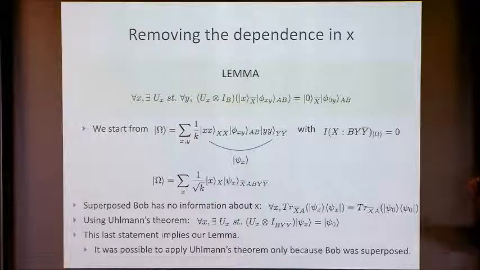So there is a local unitary on Alice's side that transforms any phi xy to phi 0y. That's the first lemma, and how do we prove this?